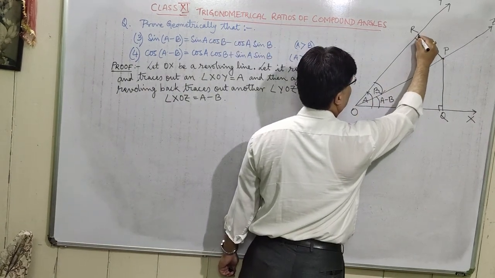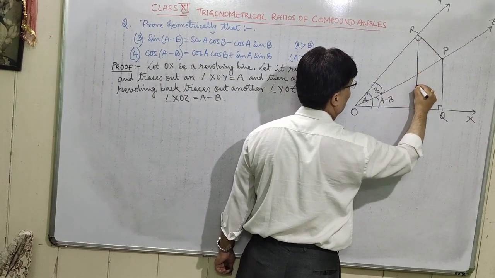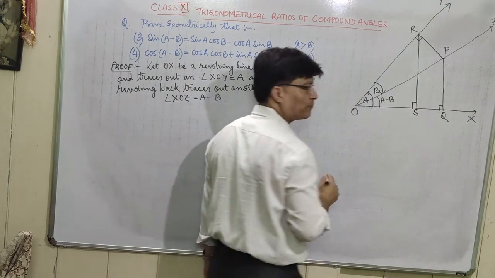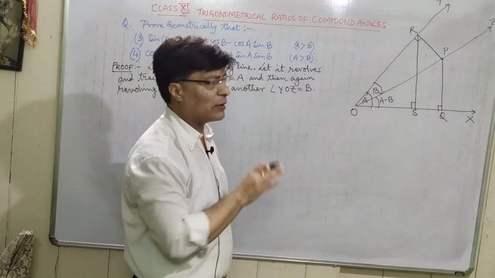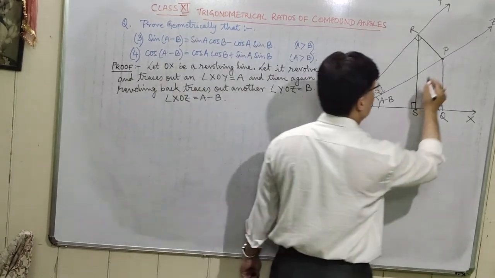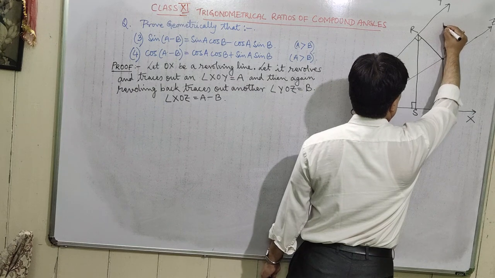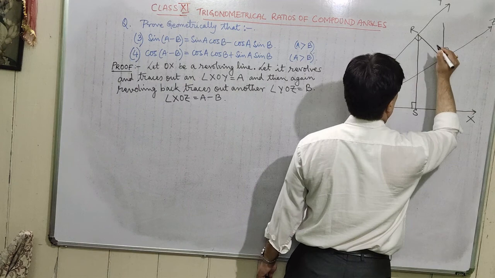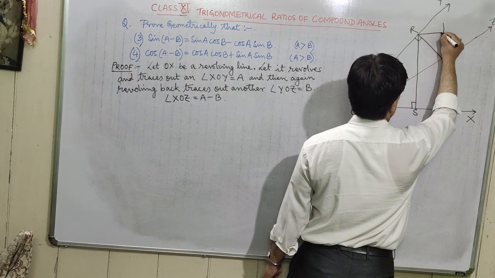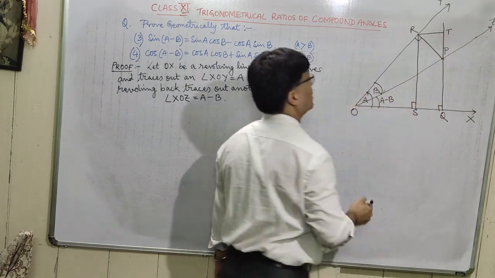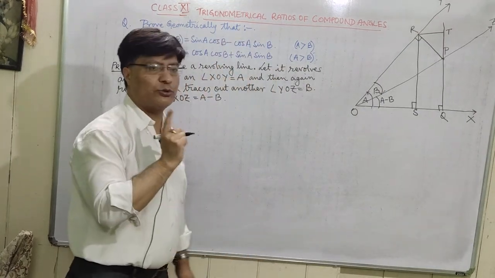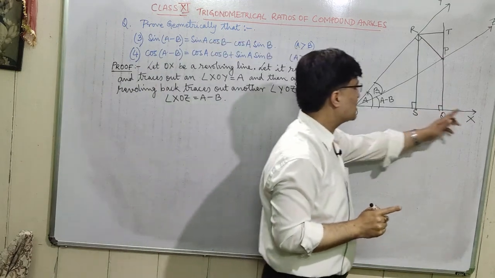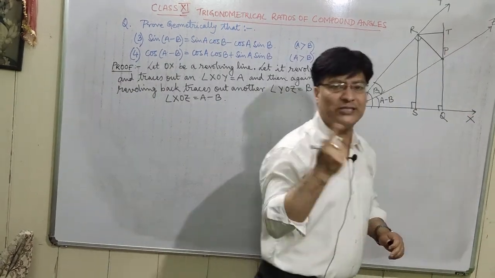One on OX, suppose this is RS, and you have to draw a perpendicular RT upon QP produced to T. So again from R, you draw two perpendiculars RS and RT upon OX and QP produced to T.